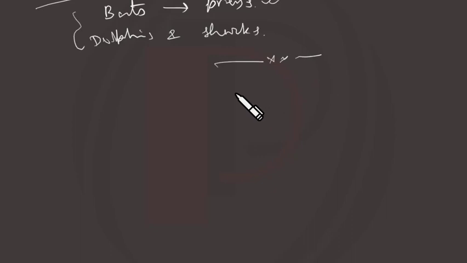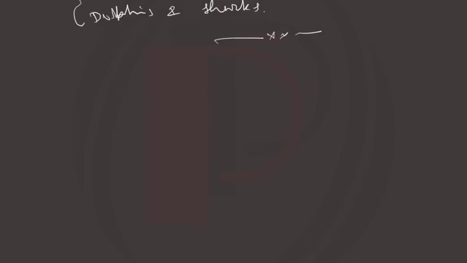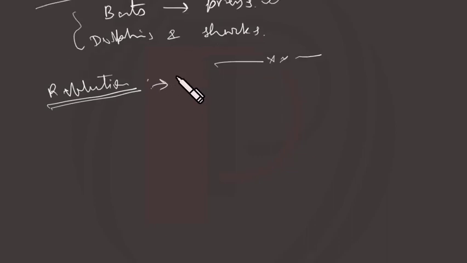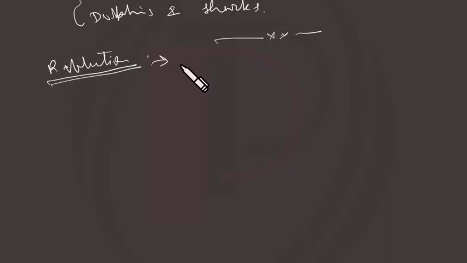Now because sound is a wave, it can get reflected. So let's talk about the reflection of sound wave. Because sound wave is much bigger than the light wave, it needs a very big and hard reflector.